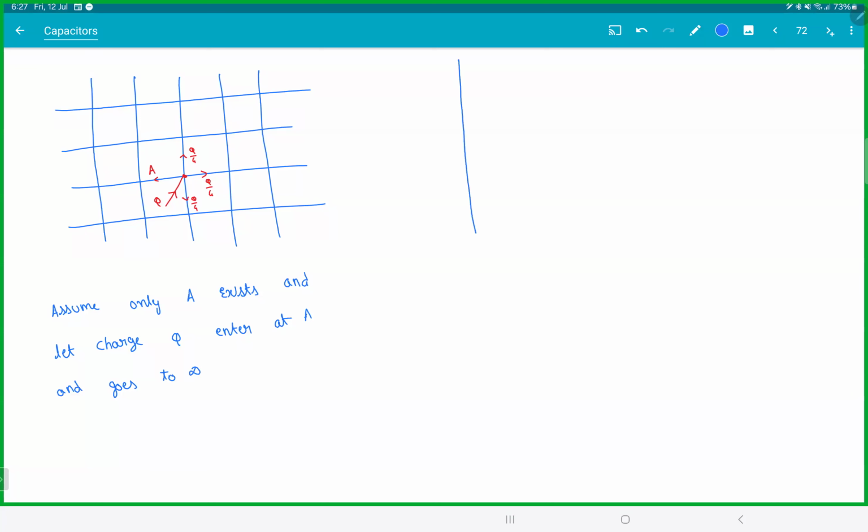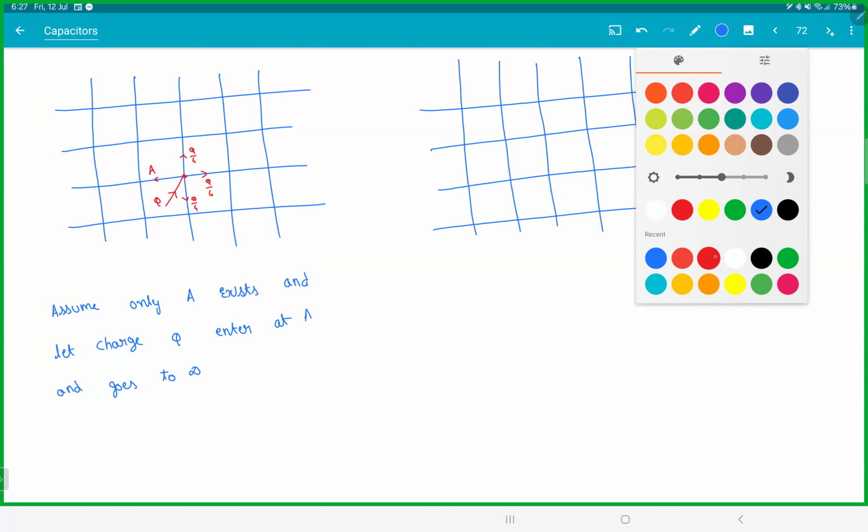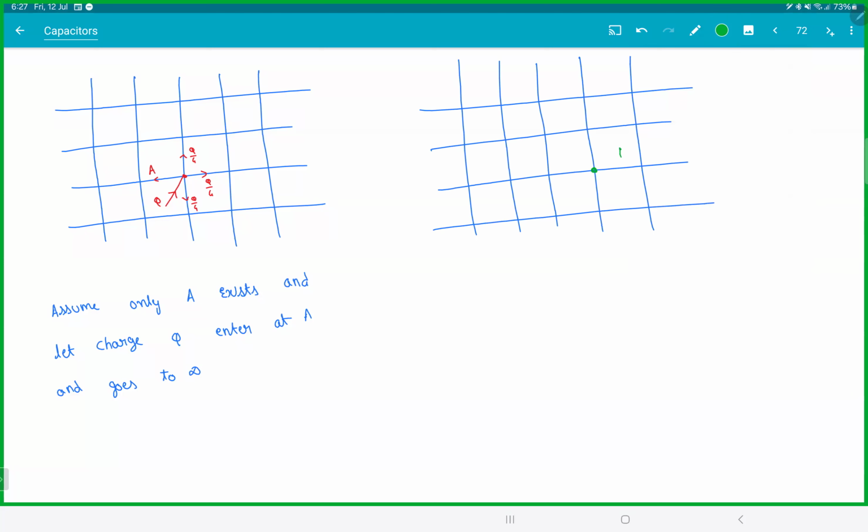Now, similarly, assume only B exists and charge Q is coming out of B. You need to understand one thing.